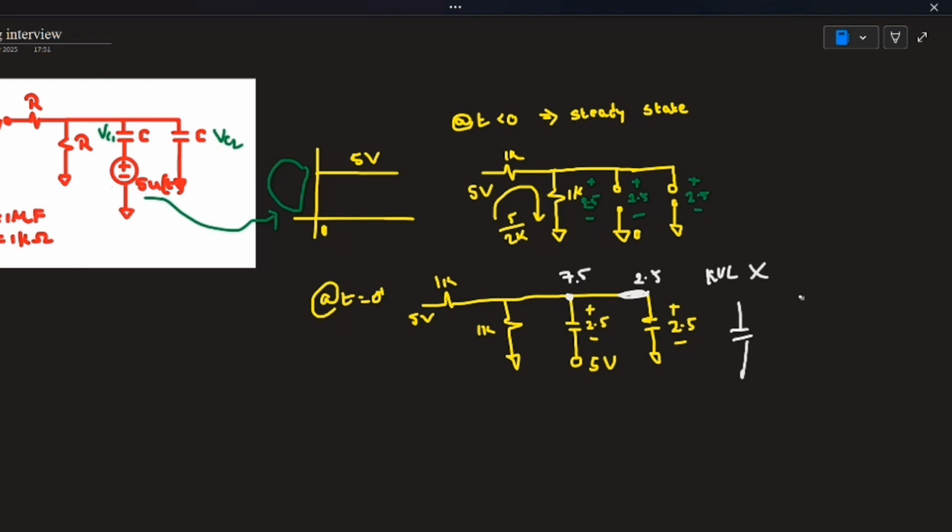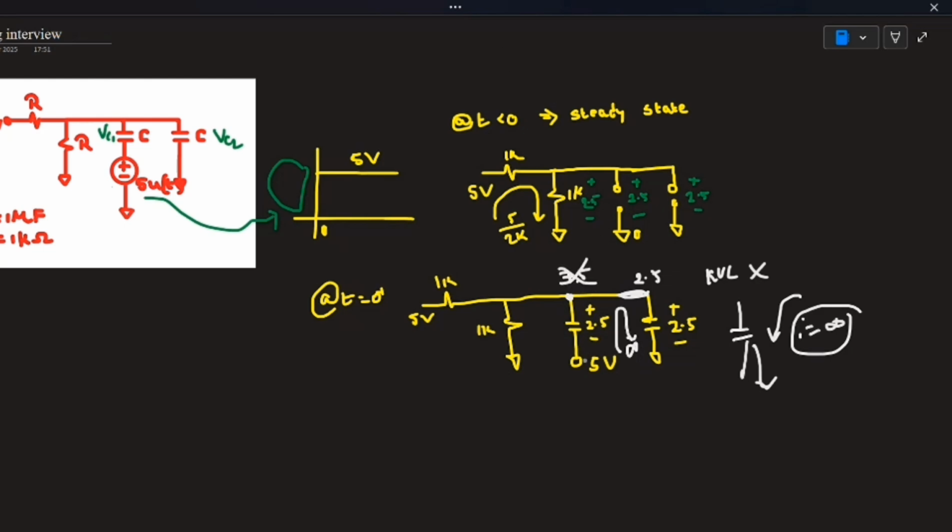But there is another case for a capacitor. If an infinite amount of current, I equal to infinite, passes through the capacitor, it can change its voltage instantaneously. That is, it can change its voltage instantaneously only in the case of infinite current, an impulse current. So here there will be an impulse current passing through the capacitor in this direction. So this is wrong, it can't be 7.5.